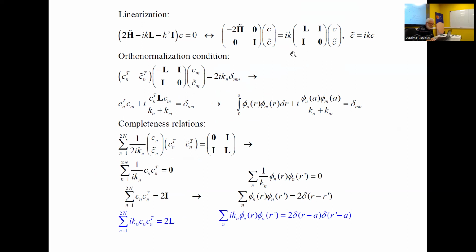If phi is degenerate, can you distinguish two degenerate phi? Phi is degenerate, but this vector is not degenerate. The lower component of this vector is just the upper component times k_n. The set of these vectors, 2 times n of them, is the usual orthonormal complete set.